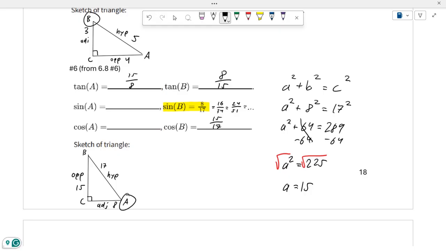Definition for sine is opposite over hypotenuse, which is 15 over 17. And the definition for cosine is adjacent over hypotenuse, and based on how we've labeled our triangle, that is going to be 8 over 17. And that's it for question 6.